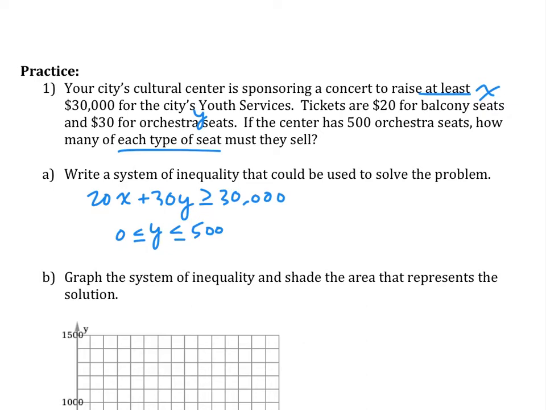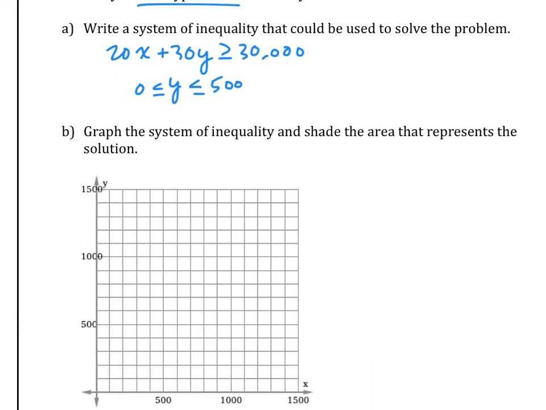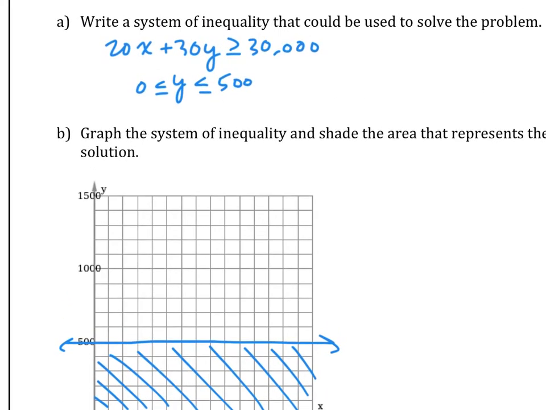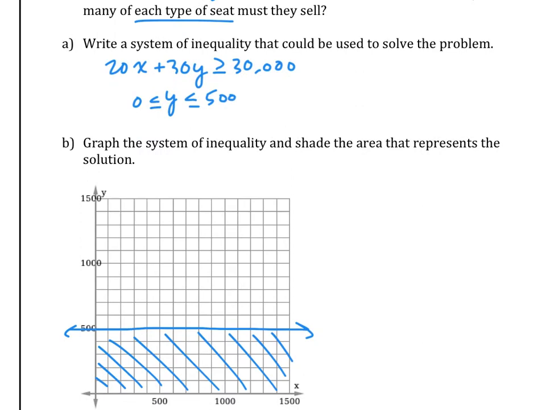Now what I'm going to do is graph all the possible places that this works. So let me graph the easiest one, which is Y between 0 and 500. I'm going to shade here between 0 and 500. And then the next one is a little bit annoying because the numbers are so big.